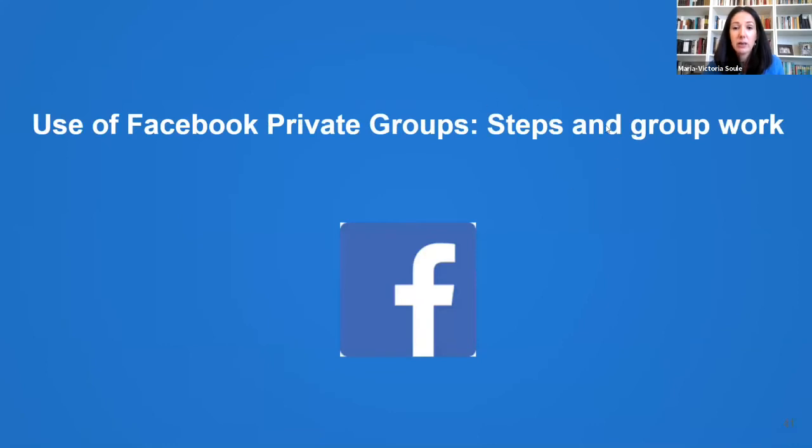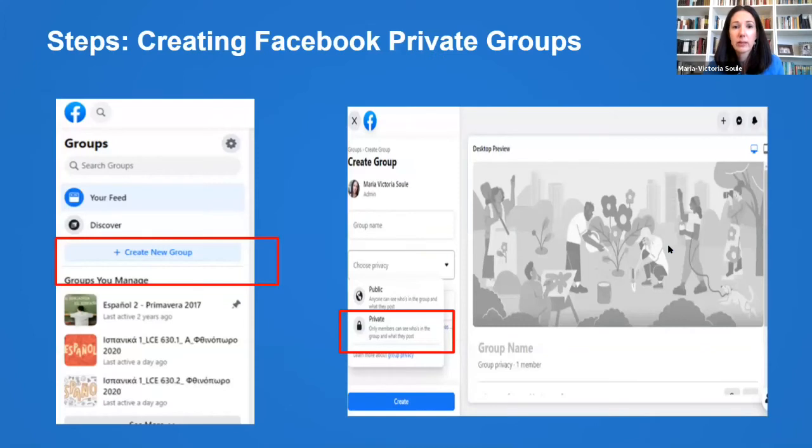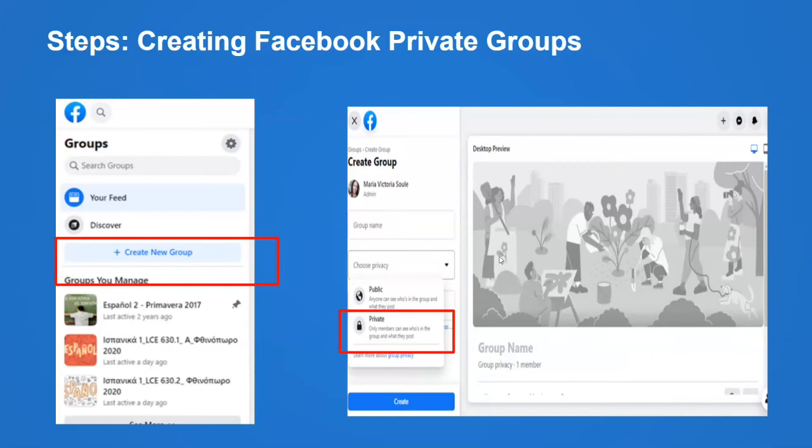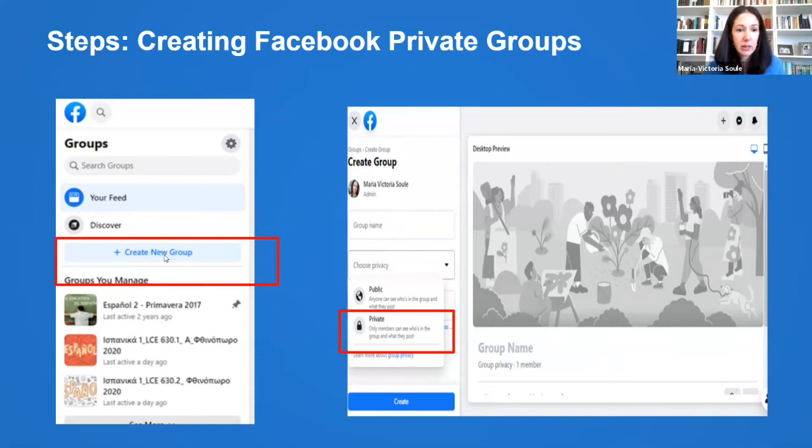And to do this, the first thing that you need to do is to create a Facebook private group. In order to do this, you need to have a Facebook account. And once you are on your Facebook account, you go to groups and create new group.